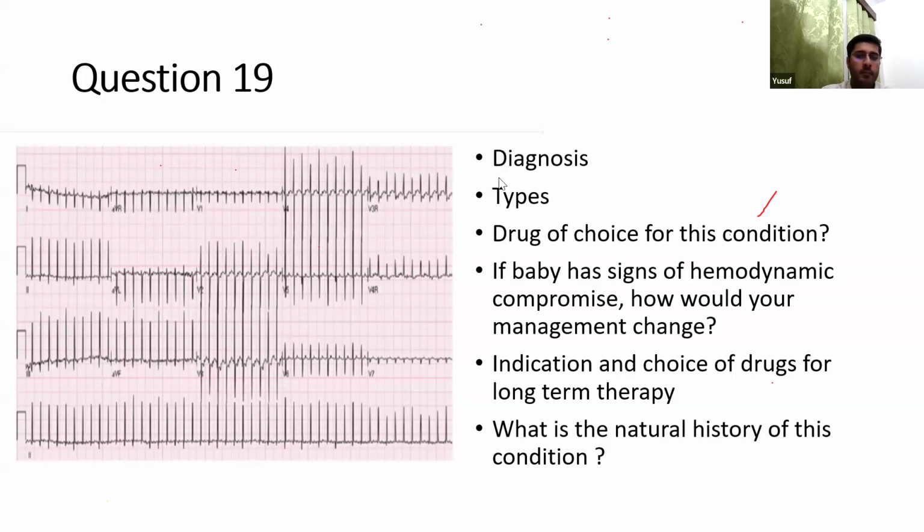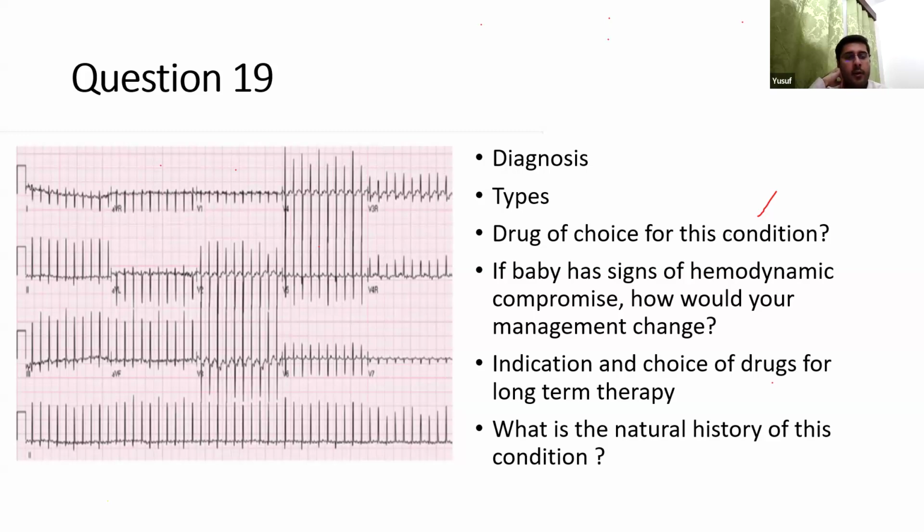So what are the types of PSVT? AV nodal reentry and AVRT. Okay. Which is more common, AVRT or AV nodal reentry tachycardia? Very good, AVRT. Are there types of AVRT? Antidromic and orthodromic.